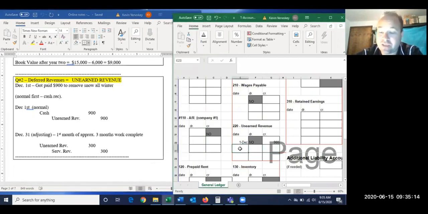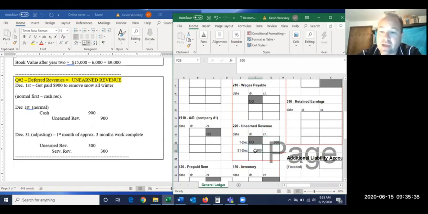So I asked myself on December 31, what did I get? I actually got a reduction. Remember, for liabilities, the debit is a minus. I got a reduction on what I owe. I owed $900 in service. I got a reduction on that because 1 month has now expired.